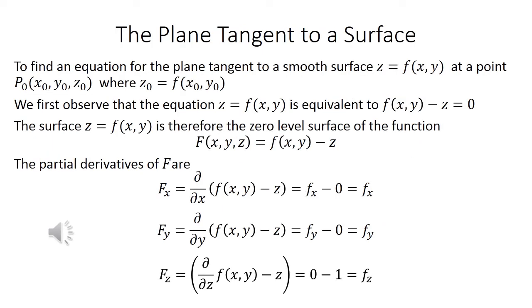The plane tangent to a surface. To find an equation for the plane tangent to a smooth surface z equals f(x, y) at a given point P0, where z0 equals f computed at x0 and y0, we first observe that the equation is equivalent to f(x, y) minus z equals 0.